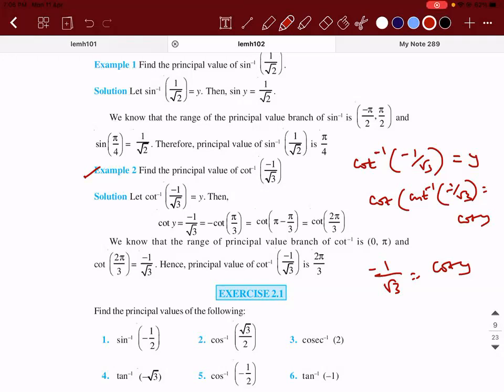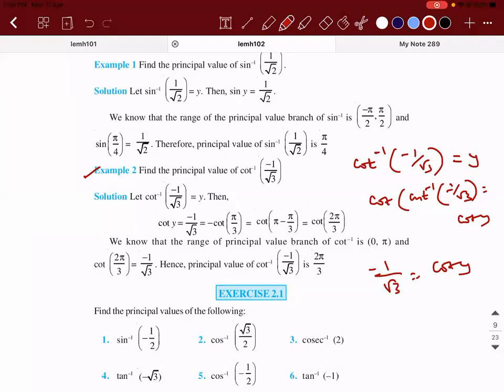Now think of this fact. 0 to pi, 0 to pi by 2 is first quadrant, pi by 2 to pi is second quadrant. In the first quadrant, all trigonometric functions are positive. In the second quadrant, how will you write the angles? Generally, you write it as pi minus something, correct?